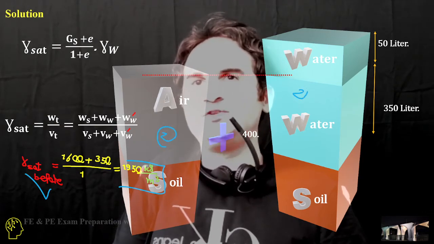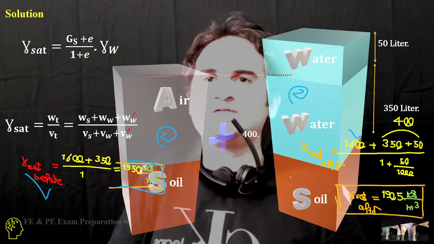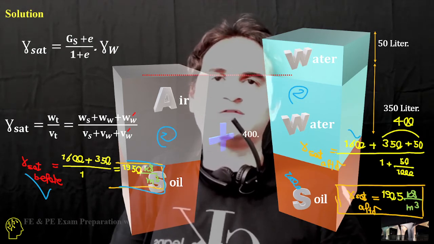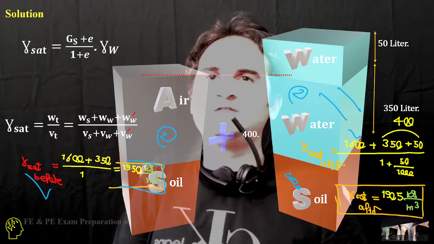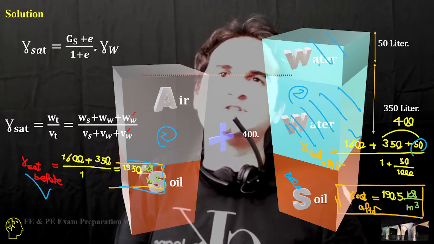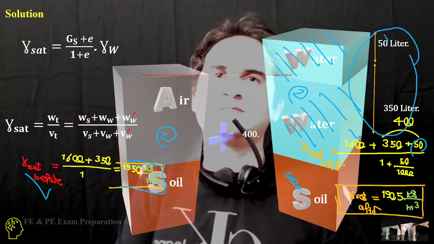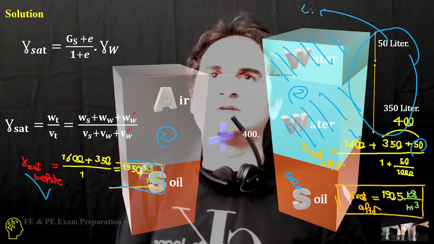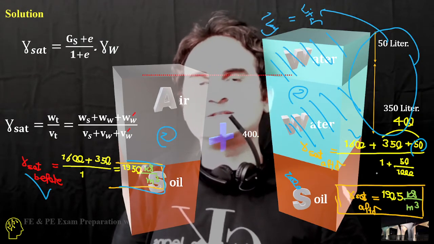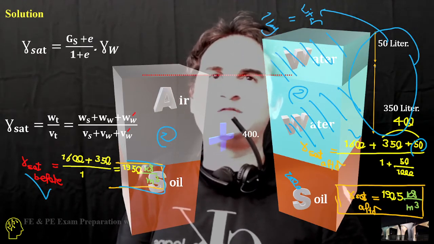And for scenario 2, that's easier. That's 1600, which is the weight of soil, plus 350, which is the part for water, plus extra water, which is 50. Each liter is equal to 1 kg. Plus, this time the volume increased by 50 liters.